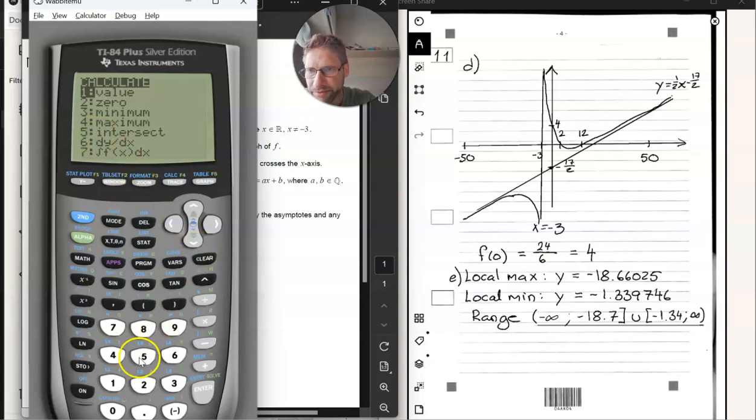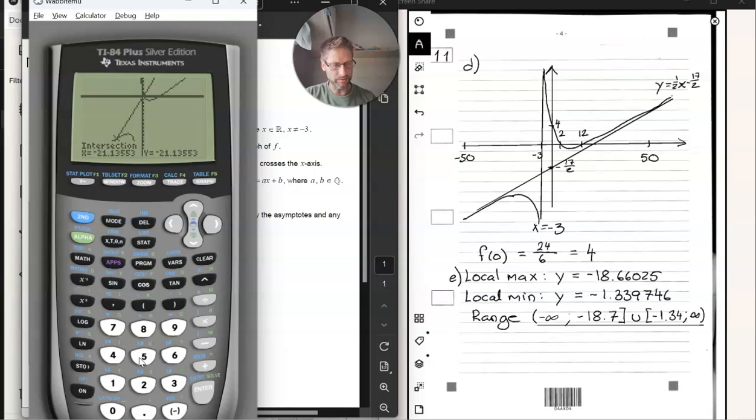And we do that with the calculator. And we press 5 for intersection, first curve, second curve. And I'm going to guess somewhere down here. So for f of x equals x, and I use the GDC for that.